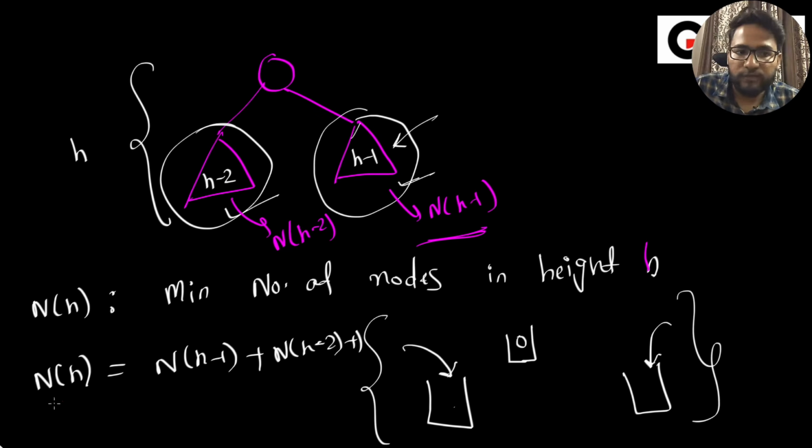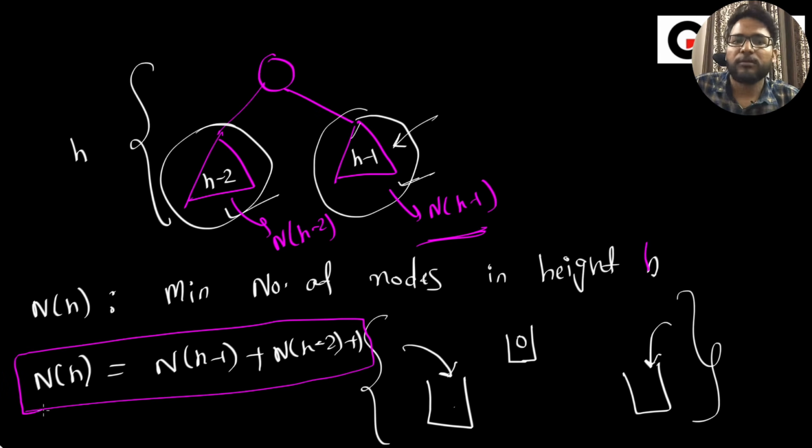So what this formula is saying, that nh is the minimum number of nodes of height h. To have that, I will be having the minimum number of nodes in the left subtree, the minimum number of nodes in the right subtree, and then I will be adding 1 for the root, right?